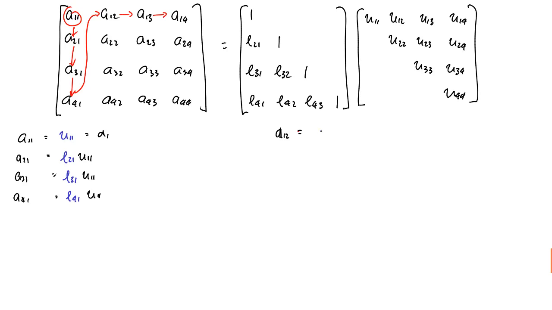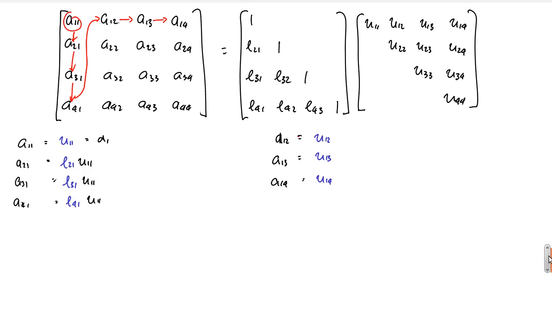Okay, so now we're getting these entries here. A13 likewise equals U13, and A14 equals U14. Okay, so if we're doing our general LU, we go that way. That gives us these entries as well. So we've got 7 equations to work out 7 entries of our matrix.